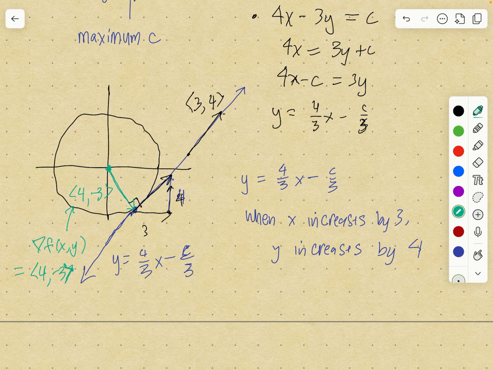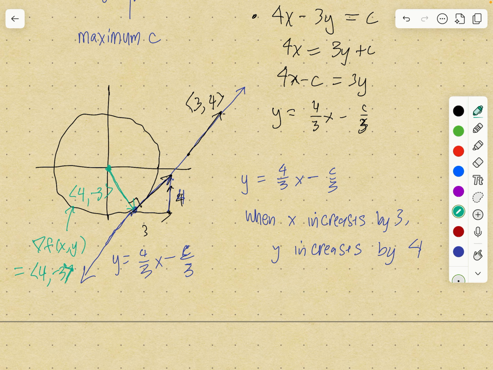So that explains why the gradient is in the direction of steepest ascent. Because out of all the points on the circle that you can move on, all the possible unit vectors, the one that gives you the biggest directional derivative is when you look at 4x minus 3y equals c, when that line is tangent to the circle, and then you have the direction that's perpendicular to that line.